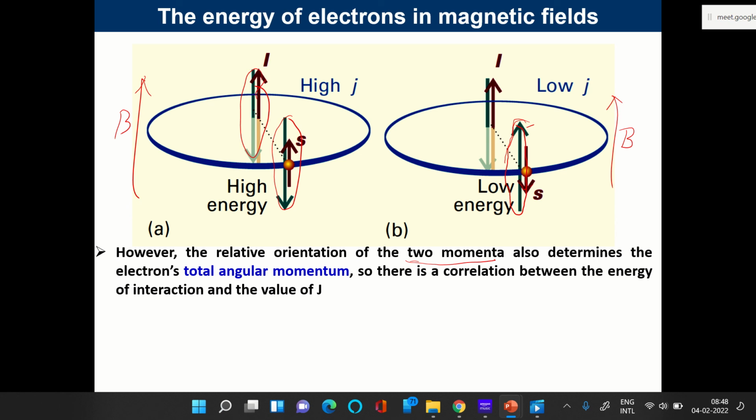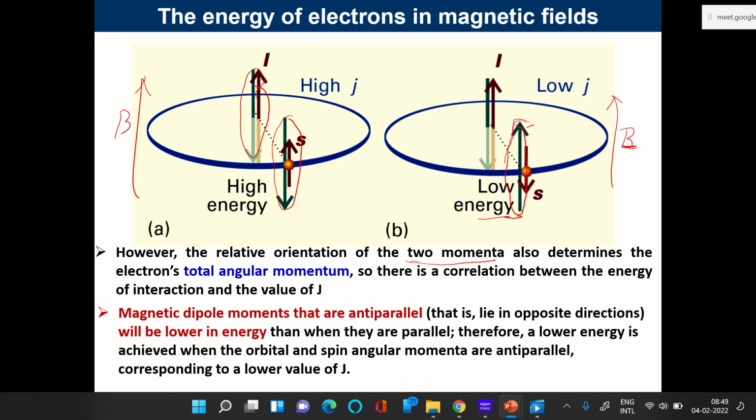In this case, both the magnetic moment due to spin and the magnetic moment due to orbital motion are pointing in the opposite direction to B, the applied magnetic field. Whereas in this case, at least one of them is pointing downwards, in the same direction as the magnetic field. So you have a lower energy.